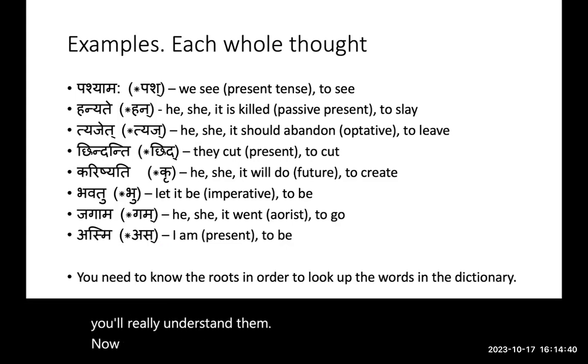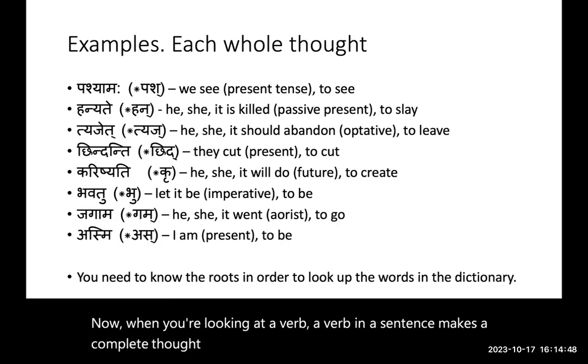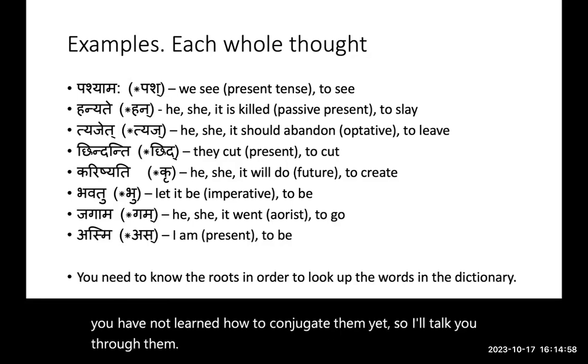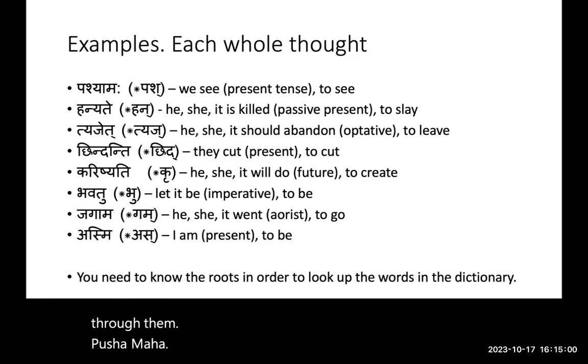Now, when you're looking at a verb in a sentence, it makes a complete thought. So here I have some verbs conjugated. You have not learned how to conjugate them yet, so I'll talk you through them. Pashyamaha, present tense. We see.